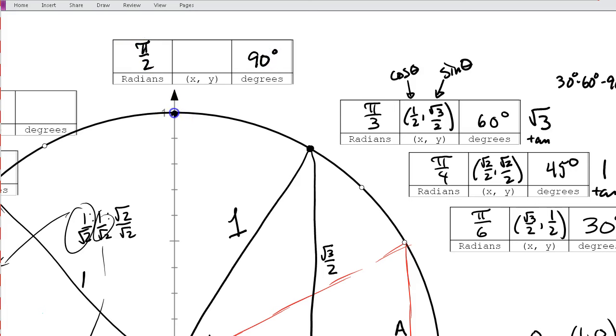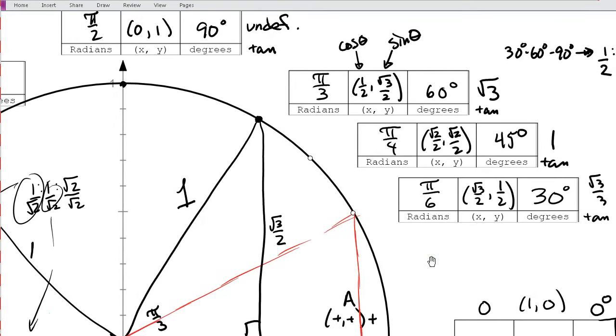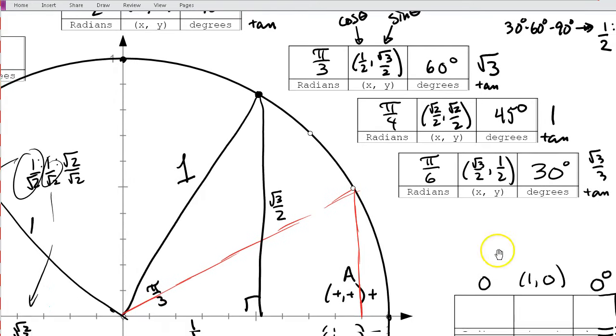And we know my coordinates here, since I'm on the unit circle, I'm going up 1, so I didn't go any in the x direction, and I went up 1 in the y direction. My tangent's going to be y divided by x. I can't divide by 0, so my tangent here is going to be undefined.